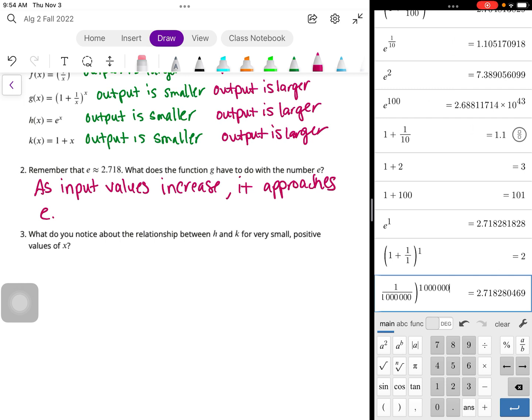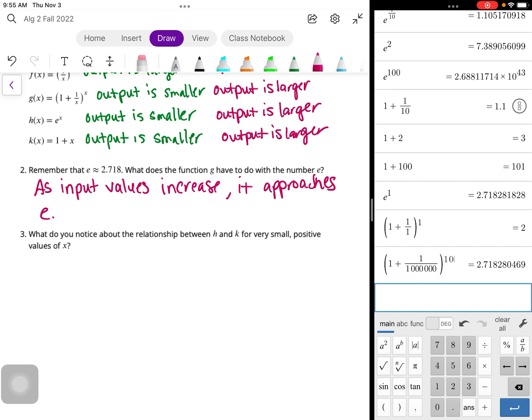All right, what about the relationship between h and k, right? So if we look at our k values, which we had up here, what do we notice about the relationship between h and k for very small positive values? So let's take a look at that. Well, k is always 1 more than its input, right?